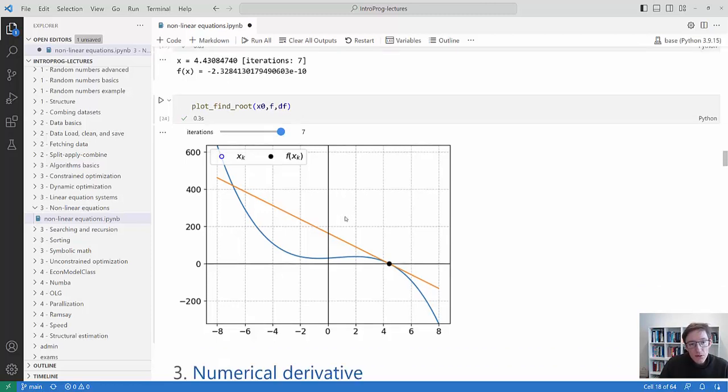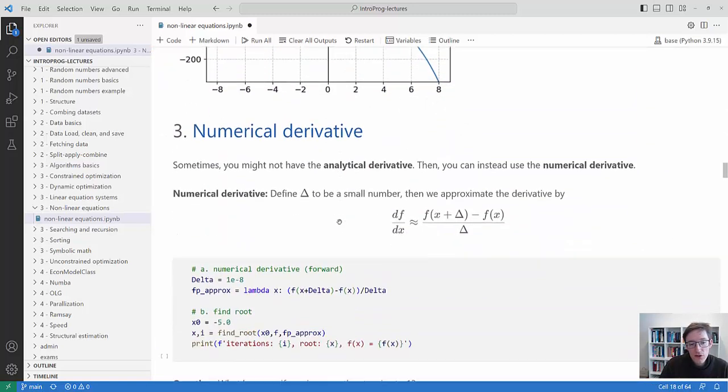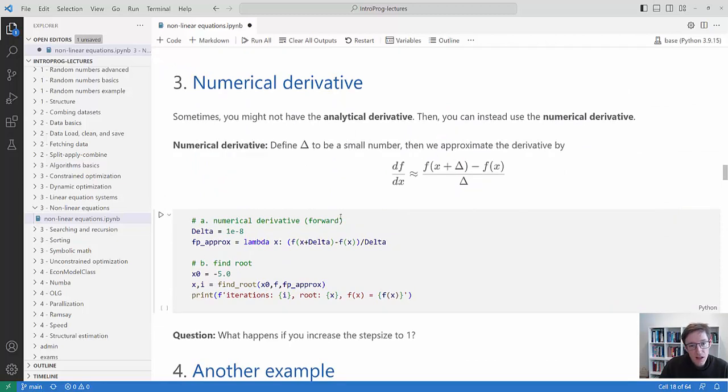Okay. One thing that we used here is this derivative. We actually had a function for calculating the derivative. Sometimes this might be hard, so you can also just use a numerical derivative instead. The idea is that if you know the function f, you can define the numerical derivative as an approximation of the real derivative, where you take a step in x, take the difference of the function values, and divide by the step size.